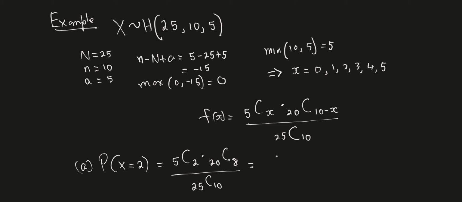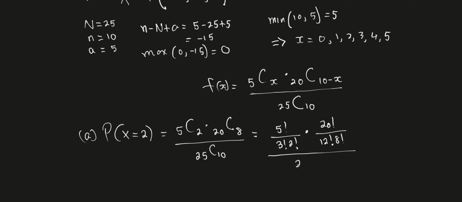So this is 5 factorial over 3 factorial 2 factorial, times 20 factorial over 12 factorial 8 factorial, divided by 25 factorial over 15 factorial 10 factorial, and that all simplifies to, to 3 decimal places, 0.385.